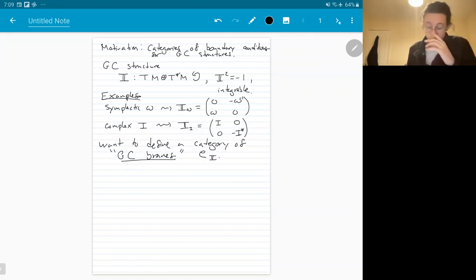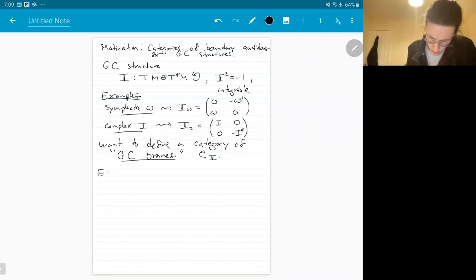The two examples where this is actually known are these two extremes of a symplectic structure and a complex structure.